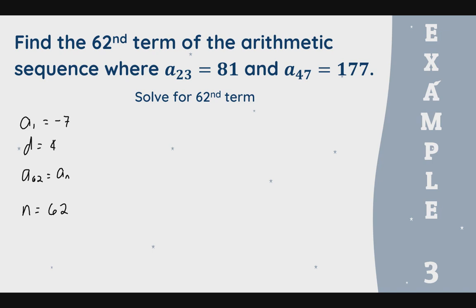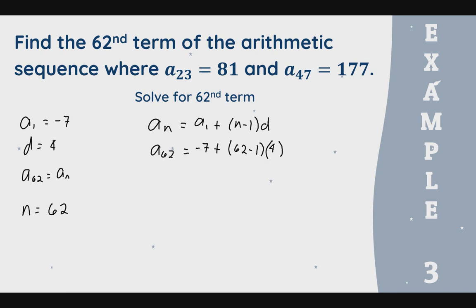To find the 62nd term, we will use the general term formula, which is a sub n equal to a sub 1 plus n minus 1 times d. So a sub 62 is equal to a sub 1, which is negative 7, plus 62 minus 1 times the common difference, which is 4.